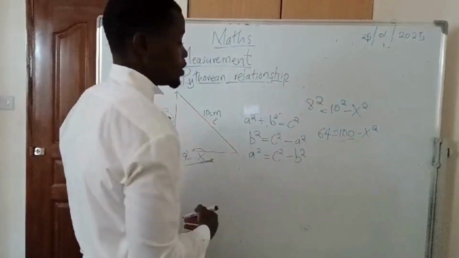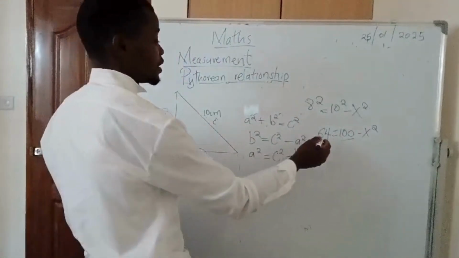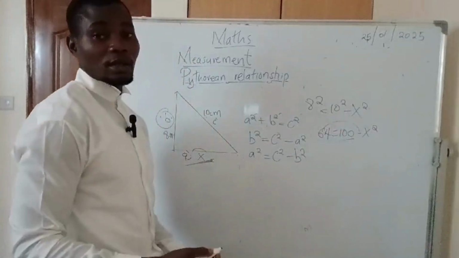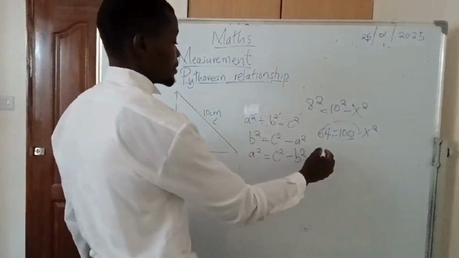Now here, what do we do? Which number crosses the multiplication side? Definitely it will be this one going to the other side. Now when it crosses the equal sign, definitely it will be subtraction.